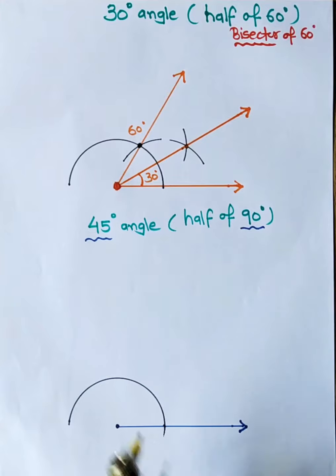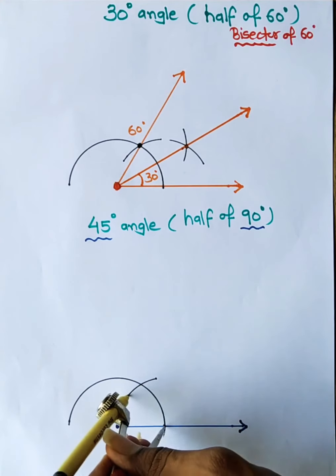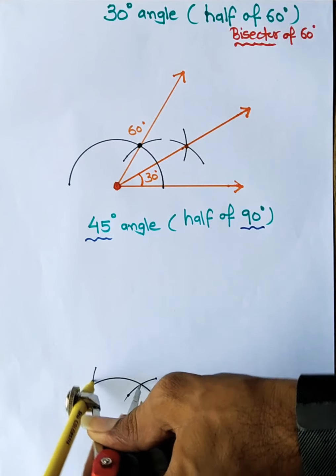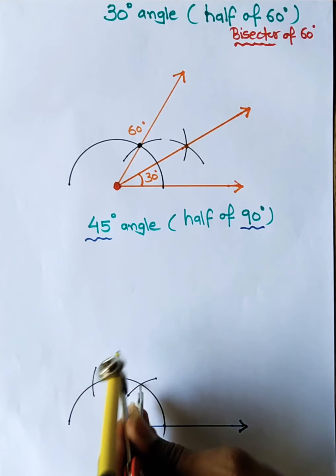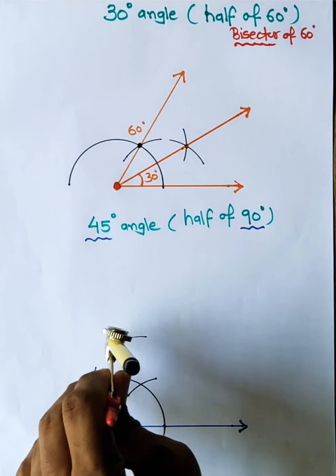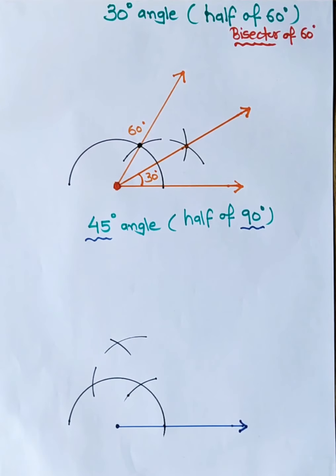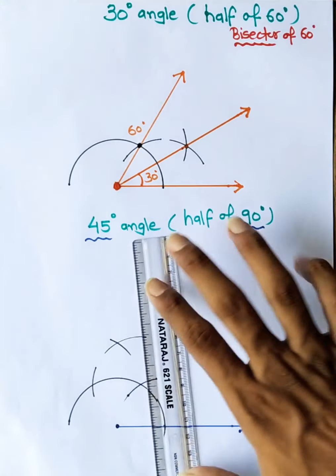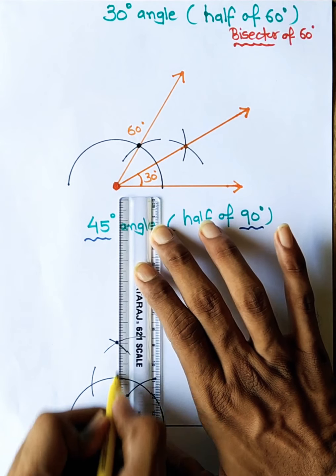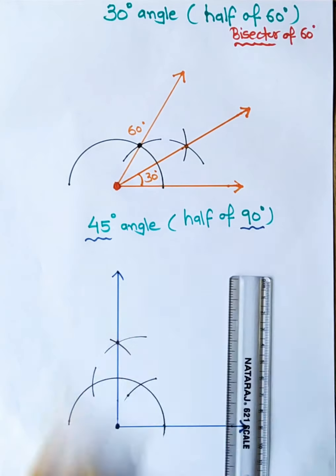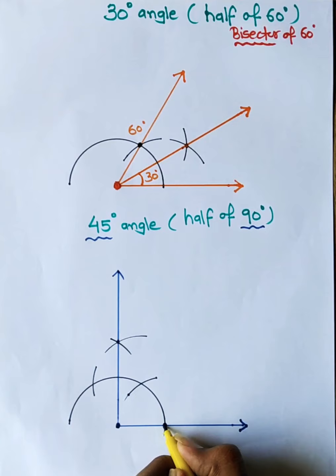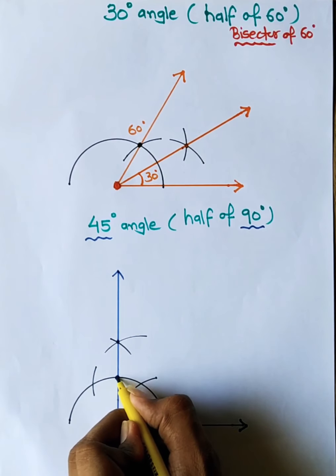So what I'll do, I will draw 60 degree. Then I'll take the center at this point and draw 120. From both these points, I have to draw the arcs. From 60 I have drawn, from 120 I drew. So now I got an intersecting point and I will draw the 90 degree line. Clear?